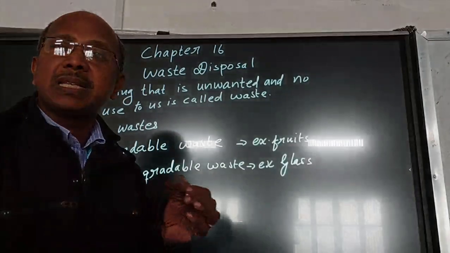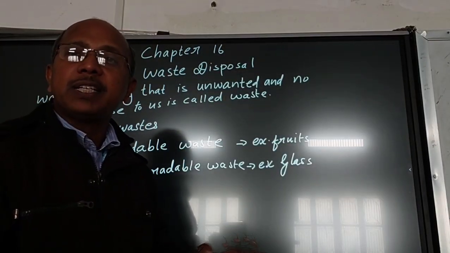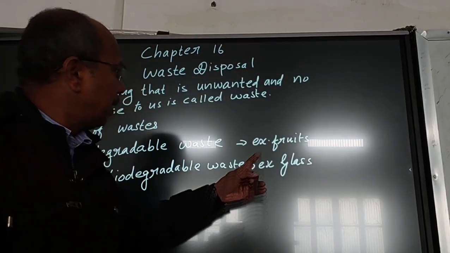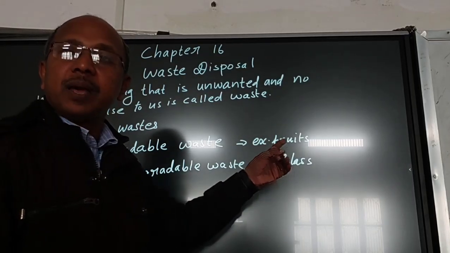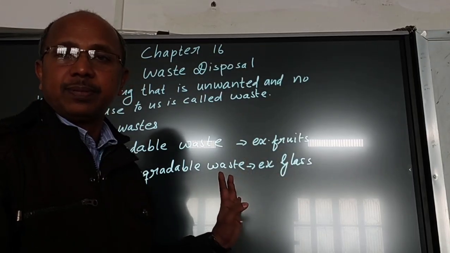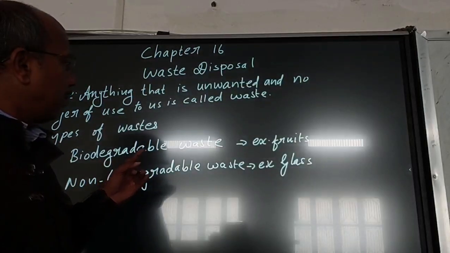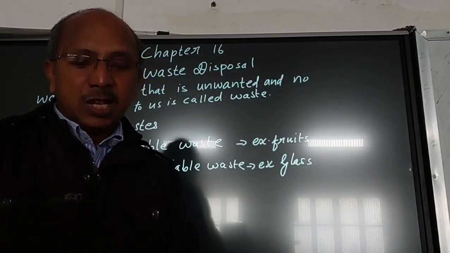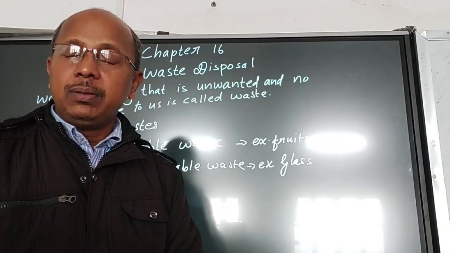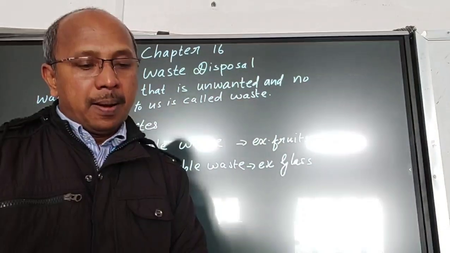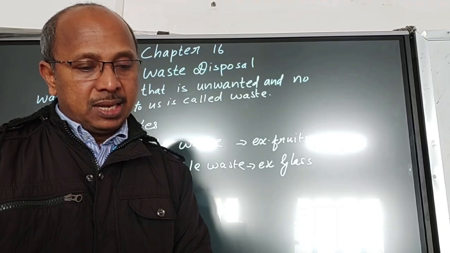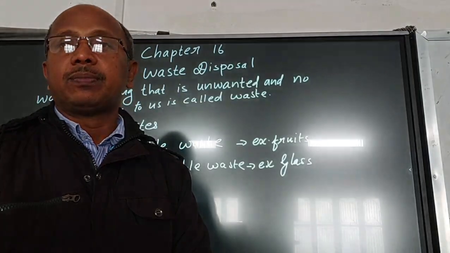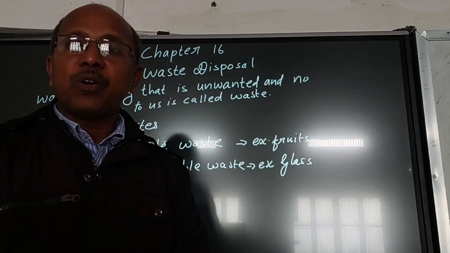Biodegradable waste means it is easy to mingle with the soil, for example fruits, vegetables, etc. Non-biodegradable waste means it is not easy to mingle with the soil, for example glass, plastic items, etc. I think all of you understood well.